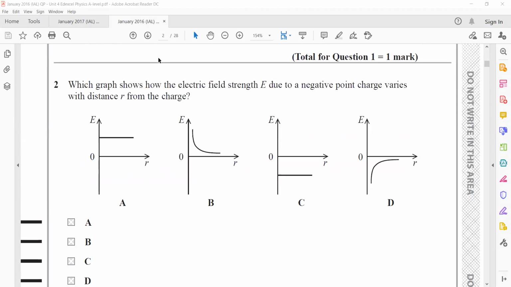Which graph shows how the electric field strength due to a negative point charge varies with the distance r? Electric field strength E equals kq over r squared. That's the variation of electric field strength due to a point charge. So what could be the right answer? And negative.